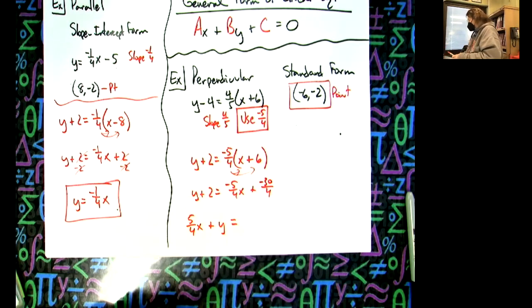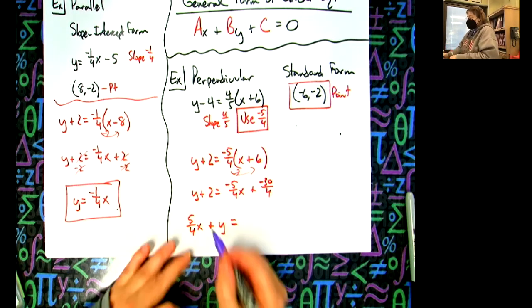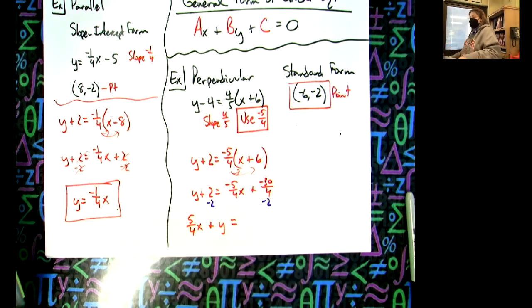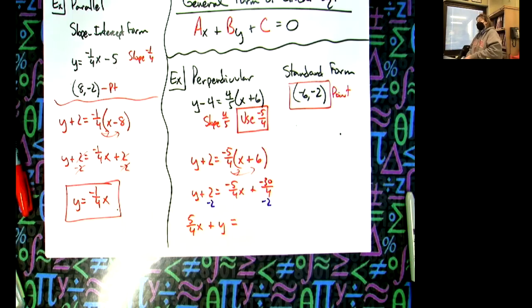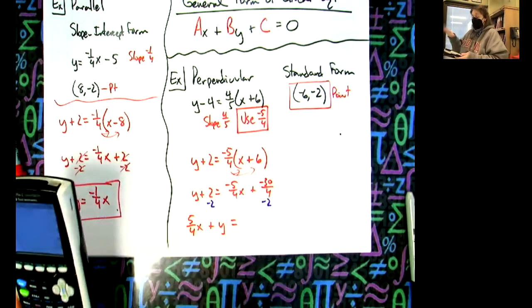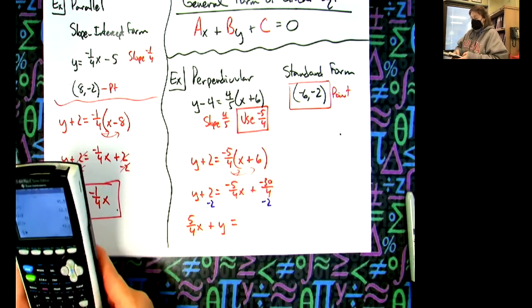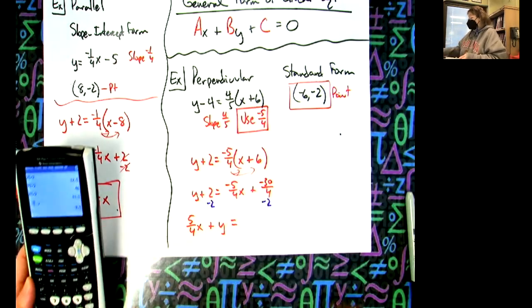All right, and then I need to do what? I need to subtract 2, right? Now, I don't know about you, but I don't want to take negative 30 over 4 and subtract 2. I mean, I could. I just don't want to. So negative 30 over 4 minus 2. All right, so negative 9.5.